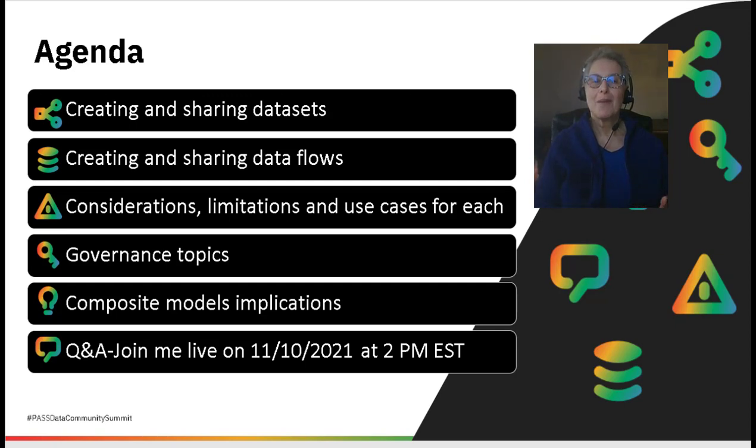We're going to talk about the implications of using composite models, using more than one data set or more than one data flow in a single file. And then I'm going to remind you more than once, this will be the first reminder, you can join me live on November 10th at 2 p.m. Eastern Time for a live Q&A.